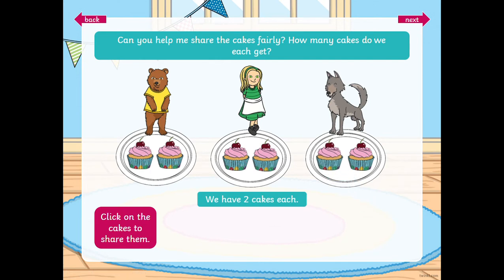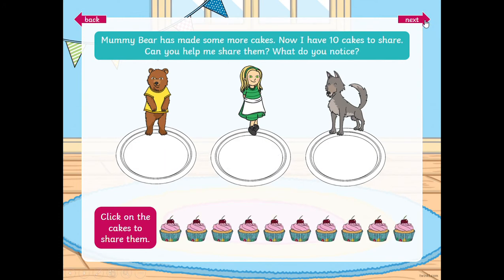Have a look at each plate. How many of each of them got? That's right. Baby Bear has got 2 cakes, Goldilocks has got 2 cakes, and the big bad wolf has got 2 cakes, which means they have all got 2 cakes. Is that fair? It is, because they all have the same.